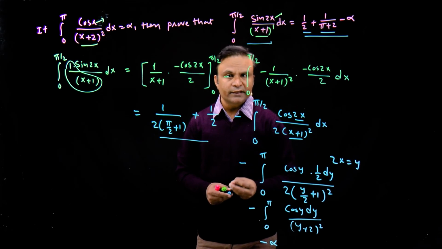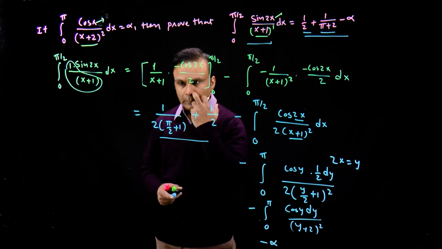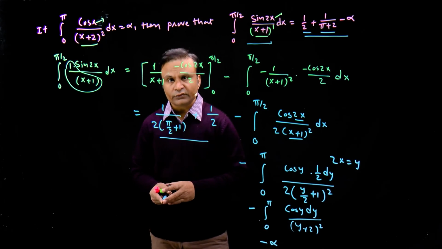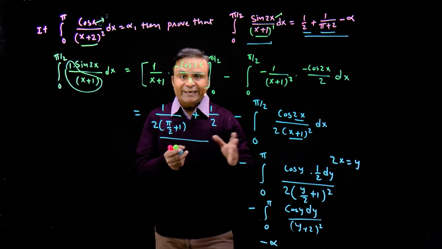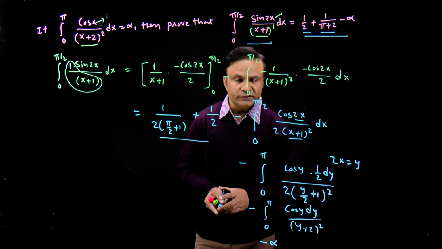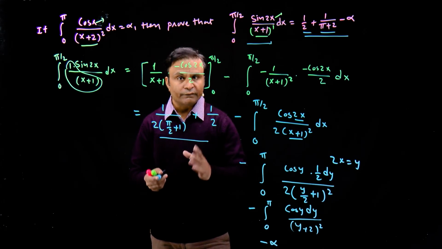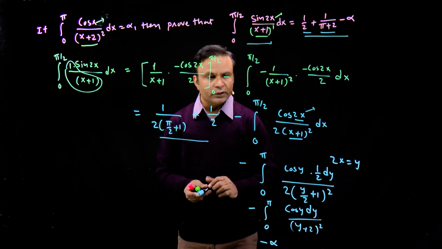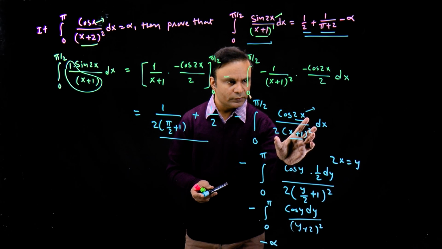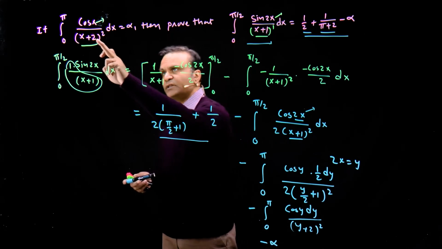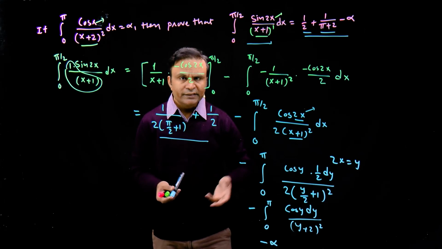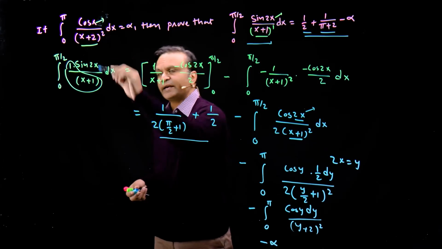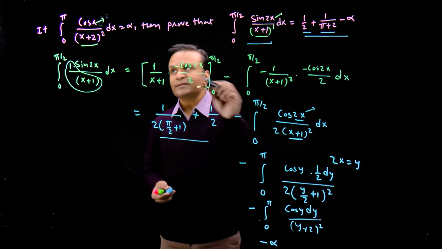So in this question we have one new thing, that is we are starting our question using integration by parts. We first integrate the function and then use a substitution to match this function with the given function. And it is quite easy because here we have x plus 1, here we have x plus 2, and here we have 2x, here we have x.